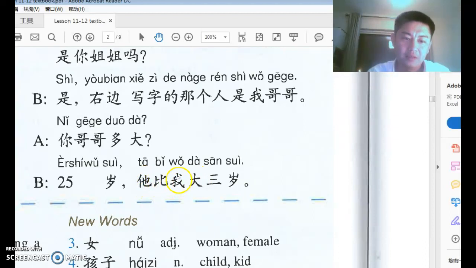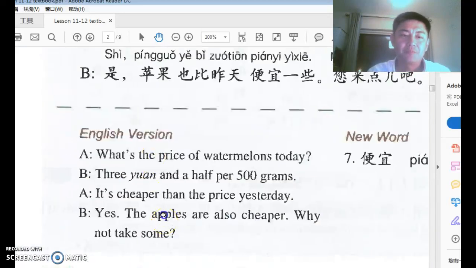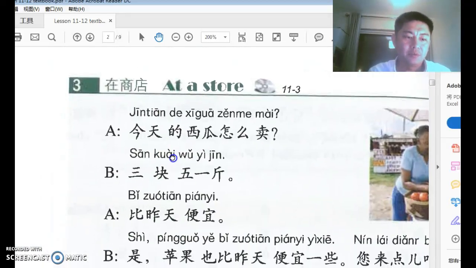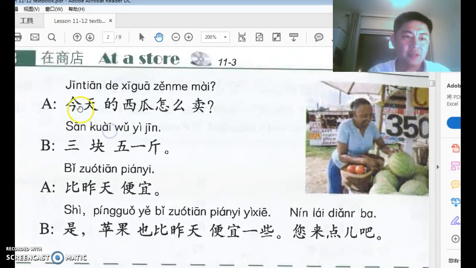He than I, big, 3 years old. Okay. Now, number 3, we have A saying, 今天的西瓜怎么卖? 卖, to sell. If you take away the cross on the top, it becomes another Chinese character, which is 买, the third tone, which means buy. 买 and 卖, buy and sell.